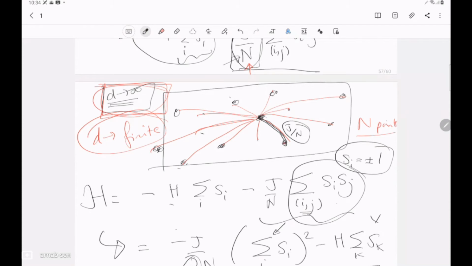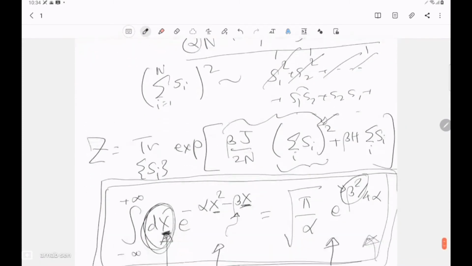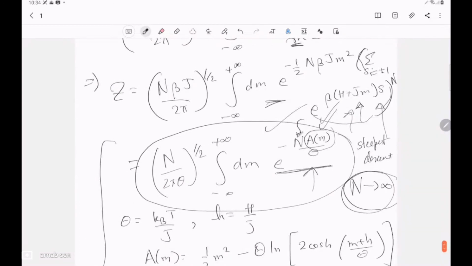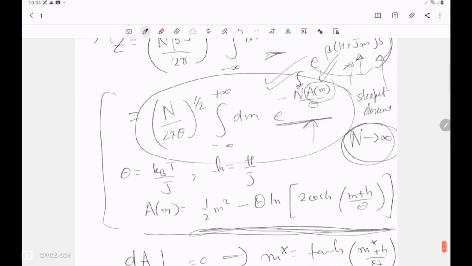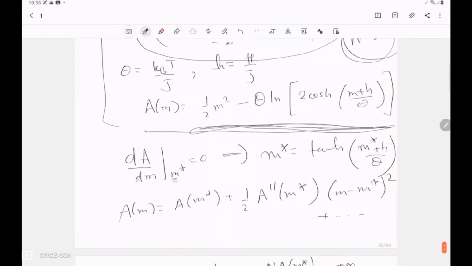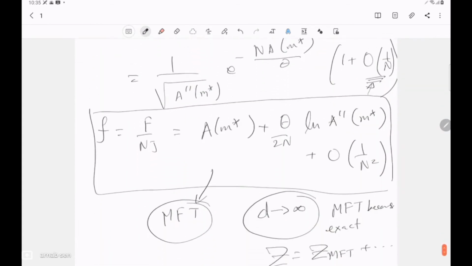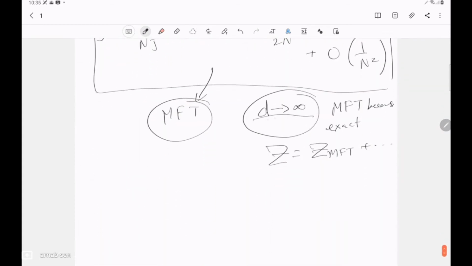And then I can solve this integral because n is large. I want to take the thermodynamic limit, and then this integration is easy to do. If n is small, then this integration is not easy to do. But if n is large, I can do this integration just by expanding a of n. So these are the two crucial algebra steps that help me derive mean field theory exactly in this limit.